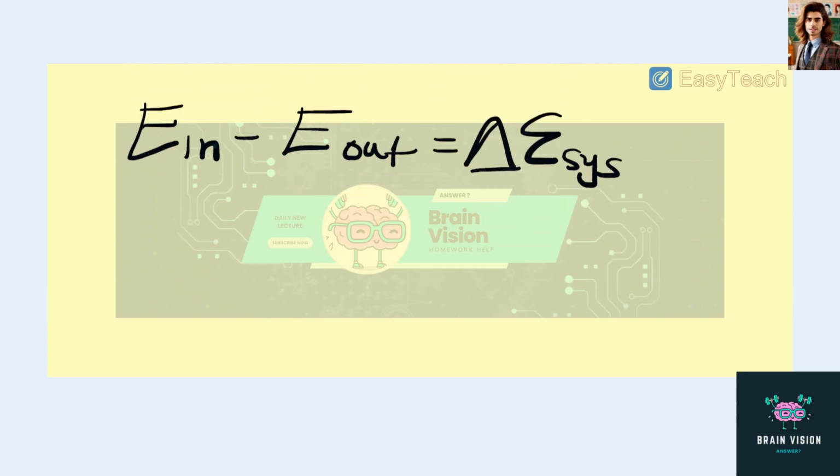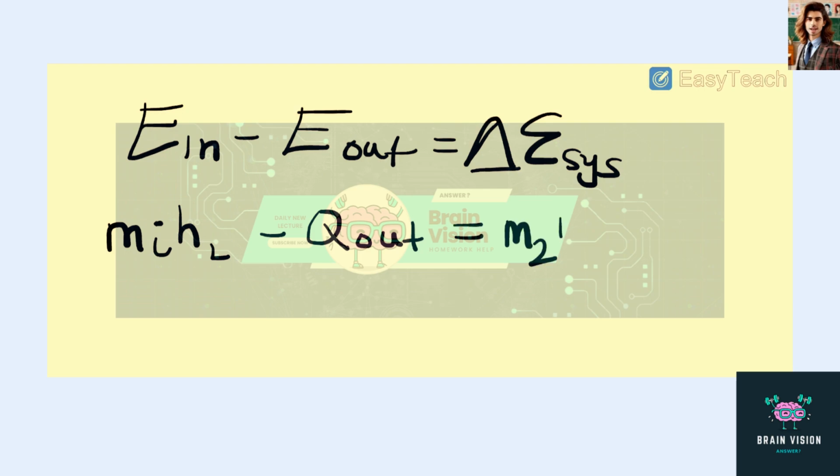And we're just going to plug in for our variables here, and we're going to say that the mass times the enthalpy coming from the line minus the heat that is leaving to the environment is equal to m2u2 minus m1u1. Now the subscripts 2 and 1 are simply our final and initial states.